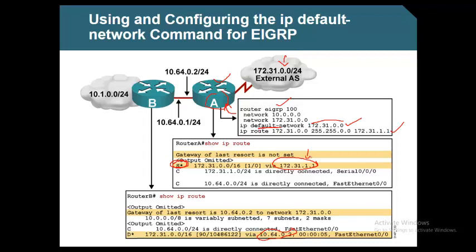Now, you have a static default route. When you advertise that same default route inside EIGRP, EIGRP will also say, hey, this is not a normal route, I'm giving you a default route. So B comes to know that there is a default network called 172.31.